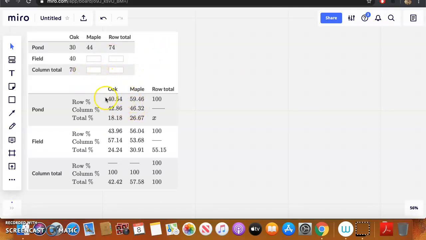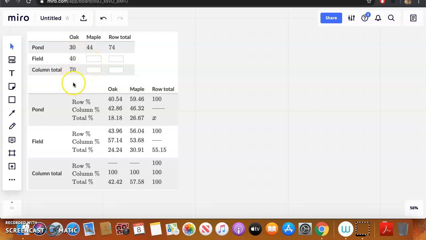So the first thing, remember this relative frequency table: when it says row percents, we only read across by row. When it says column percents, then we're reading by column. Those cells have column percents in them, and of course totals are the totals. All right, so let's begin here.